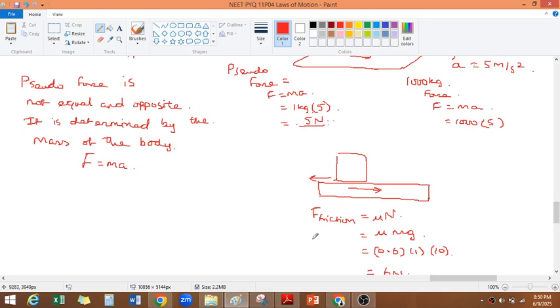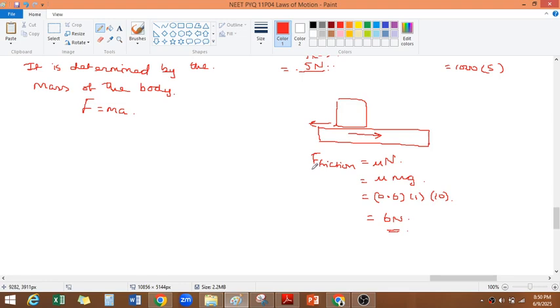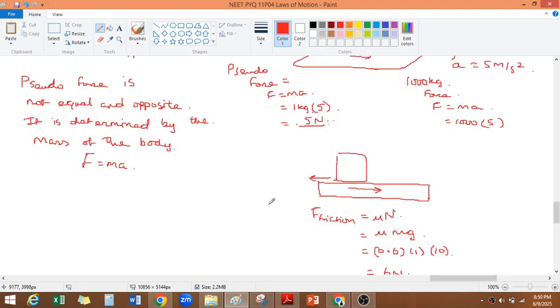Can anyone tell me which one I should choose, 5 Newton or 6 Newton? Another important concept. Physics is all about concepts. There are no problems at all, only concepts.